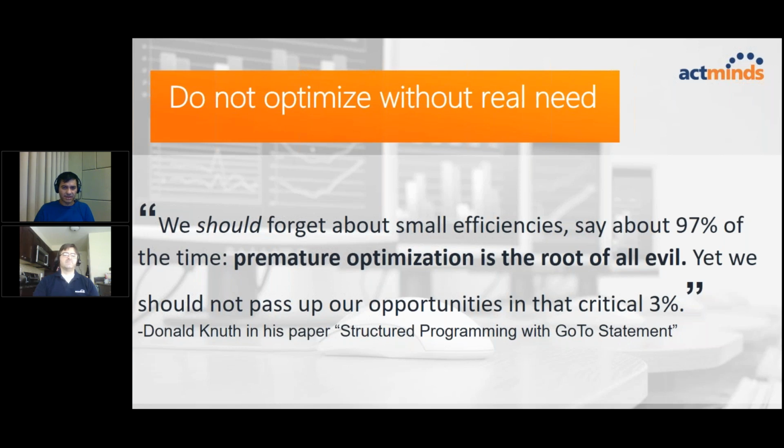But the next thing I'd like to talk to you guys about is that we should not optimize without a real need. Donald Knuth said in his paper, Structured Programming with Go To Statements, that premature optimization is the root of all evil. And the thing is that if we try to optimize everything, we might spend a lot of time and effort optimizing things that are not going to bring any value at all when you think of the big context of things, right?